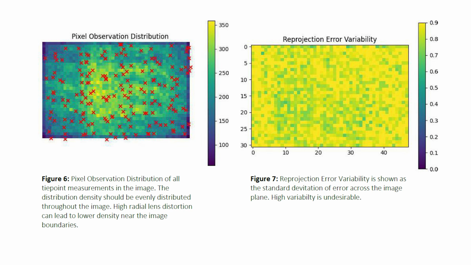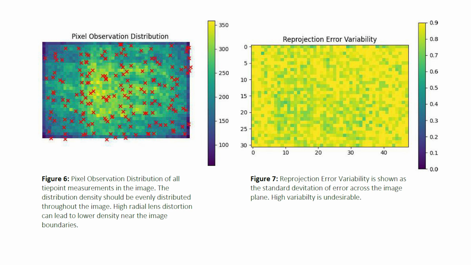The reprojection error variability graph displays the variability of reprojection errors across the image plane. It shows how the reprojection errors fluctuate as a function of camera lens distortion across the image plane and how reliably the internal parameters of the camera, such as the focal length, principal point, and radial distortion, are modeled as a part of the bundle adjustment process.